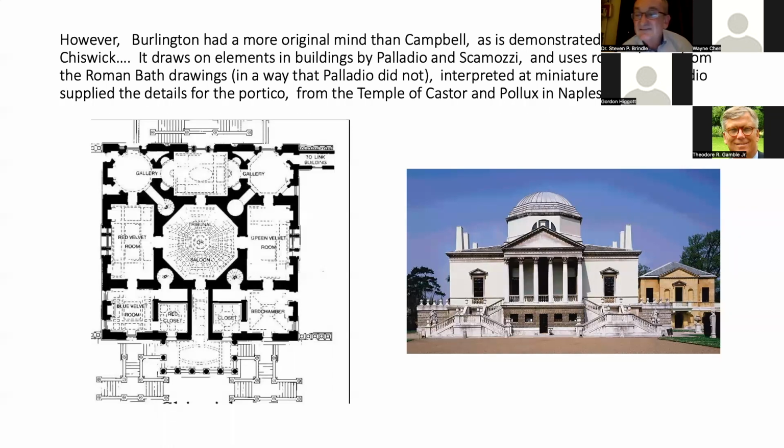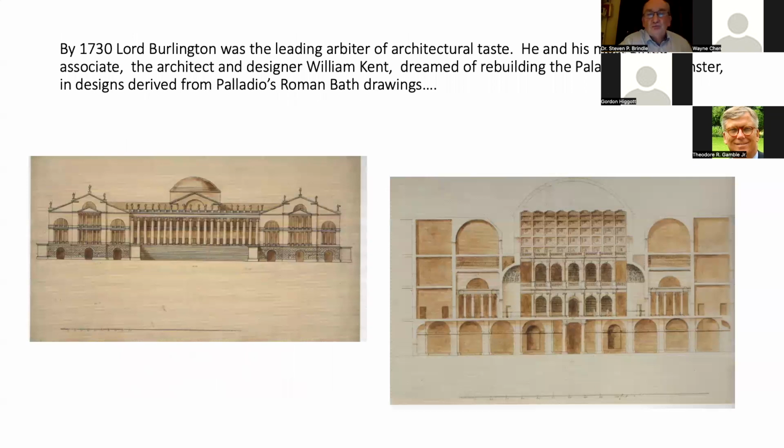The portico, as far as I can tell, and I leafed through my copy of the Four Books again this morning, seems to be from Palladio's view of the Temple of Castor and Pollux in Naples, and those wonderful room shapes are derived from the Roman bath designs, but in a way which Palladio himself never did, interpreted at miniature scale.